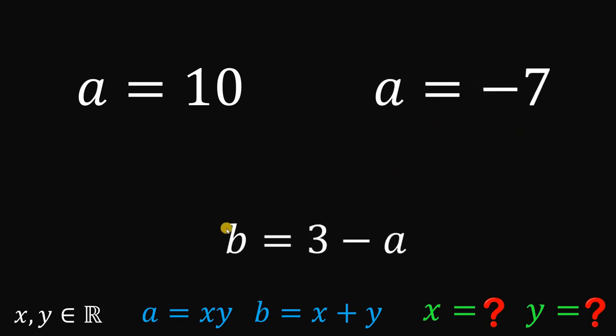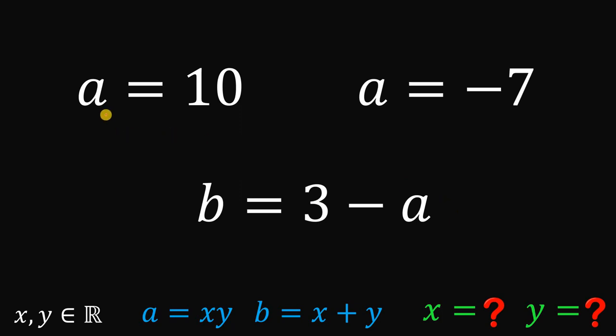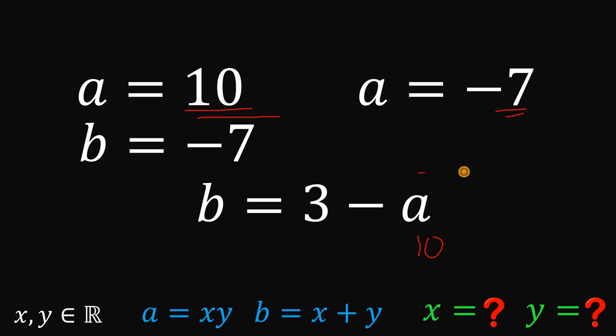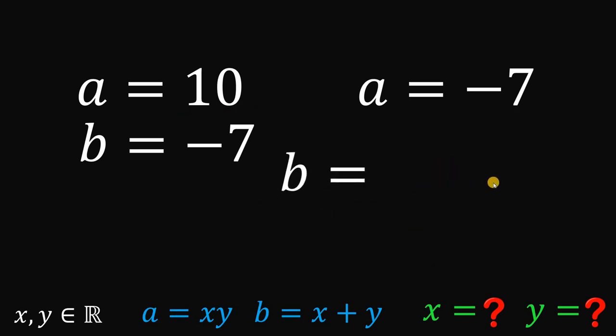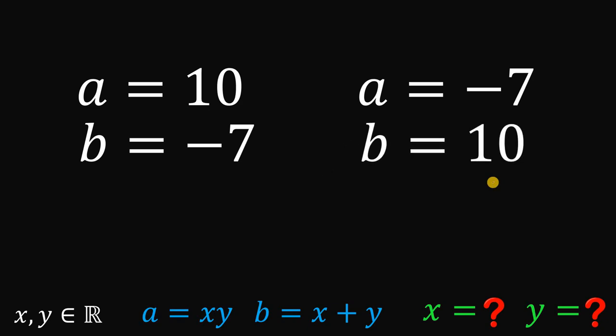Now using the fact that b equals 3 minus a, if a is 10, so 3 minus 10, b must be equal to negative 7. Now if a equals negative 7, so we have 3 minus negative 7, b here must be equal to 10.